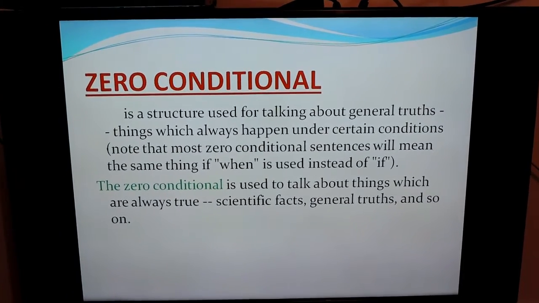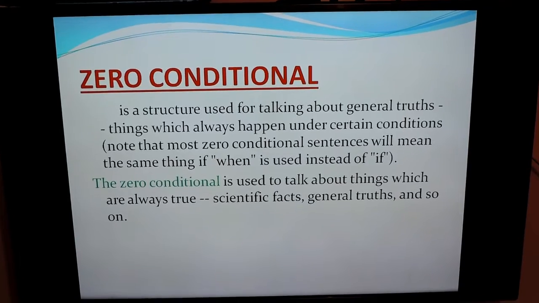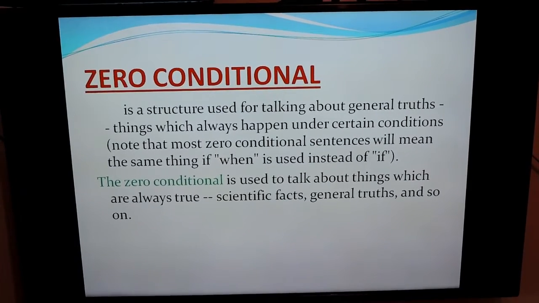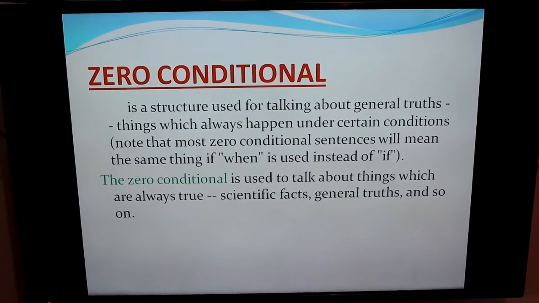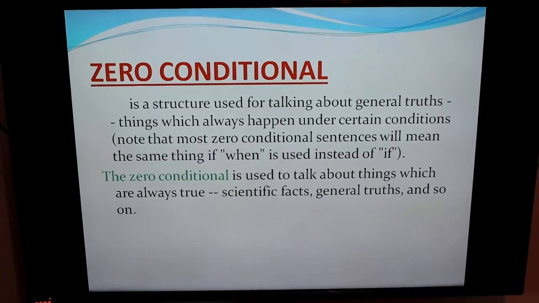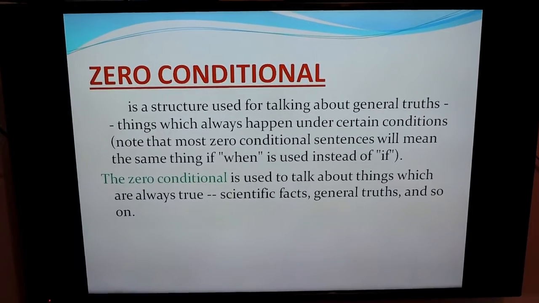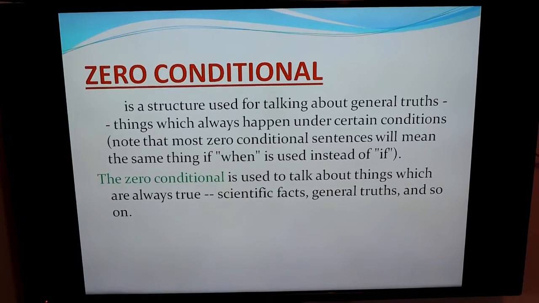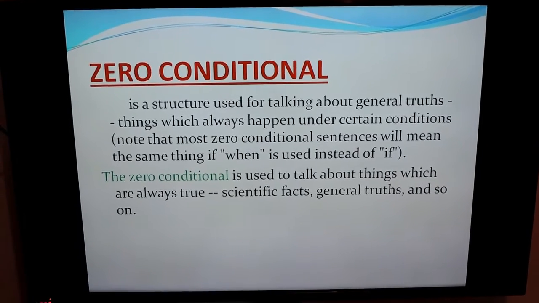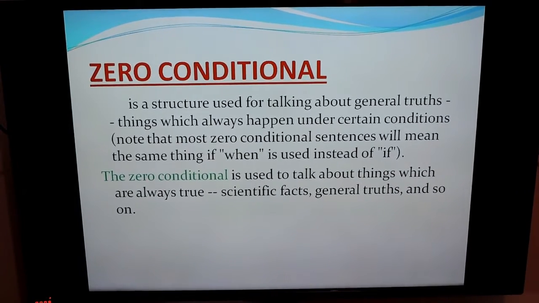Note that most zero conditional sentences will mean the same thing if when is used instead of if. The zero conditional is used to talk about things which are always true, scientific facts, general truths, and so on.